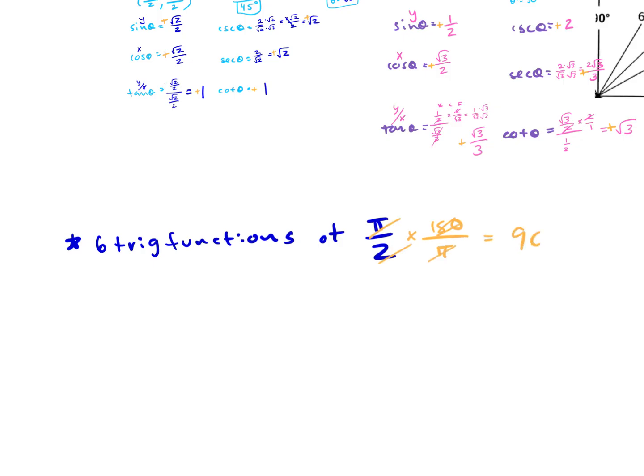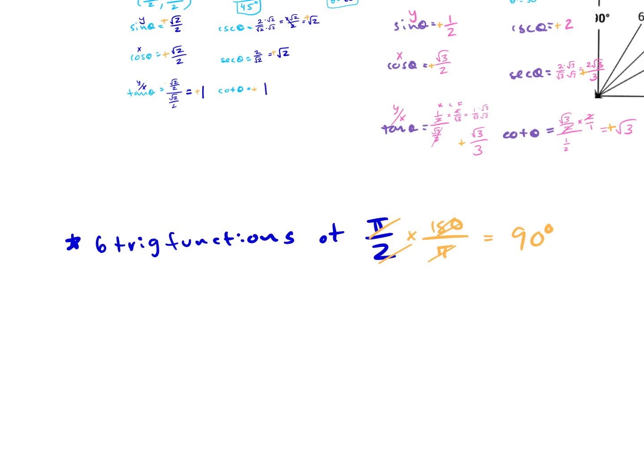Where is pi over 2? If we convert it, what do we get? Pi's cancel, 2 goes into 180, 90 times. Can I find the reference angle of 90? No. But we can still find our 6 trig functions.